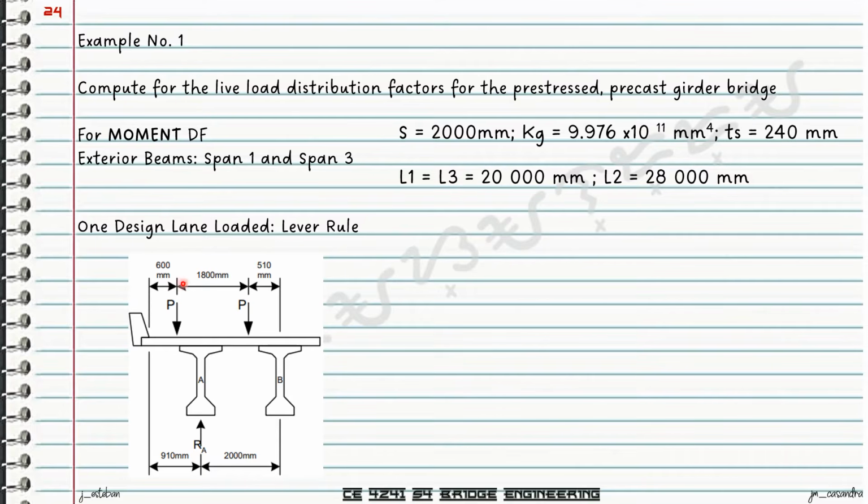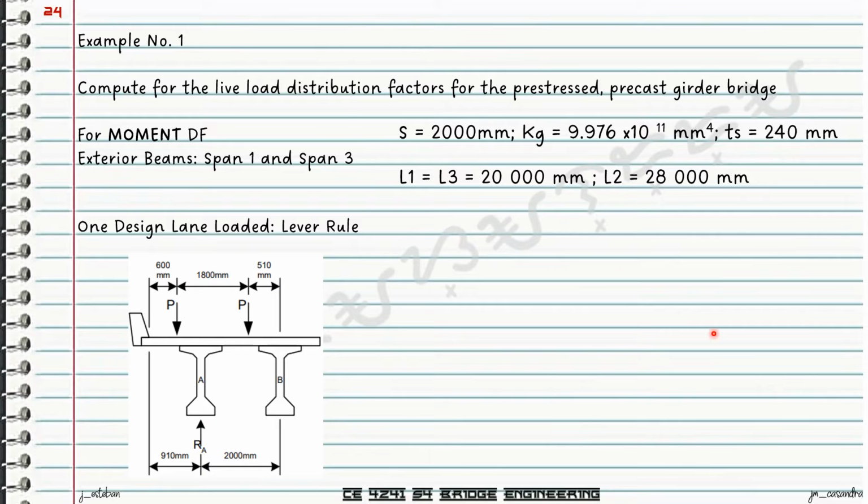So in this diagram, the wheel lines represented by P will be placed 1,800 millimeters apart, and the design truck will be placed as far away from the interior girder as possible to maximize the reaction on our exterior girder. The reaction will be here on the exterior or the very first stringer or girder in our bridge.